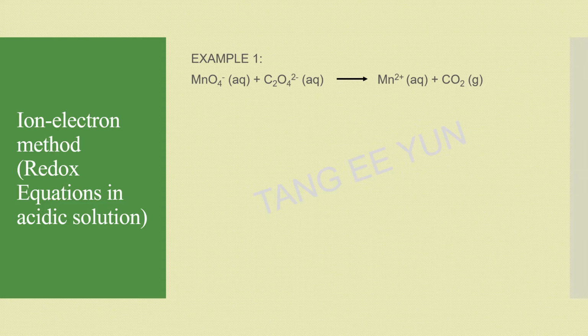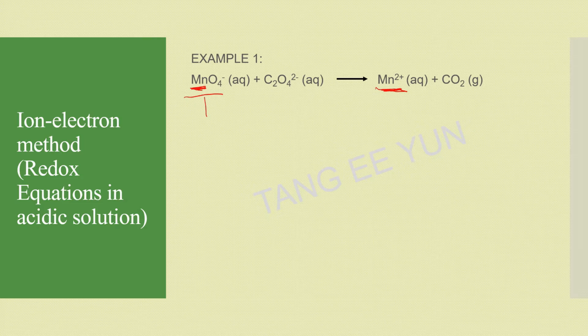In example 1, we have the permanganate ion reacting with the oxalate ion to give manganese 2+ ion and carbon dioxide. From this example, can you see that the permanganate ion consists of manganese and the manganese 2+ ion consists of manganese?